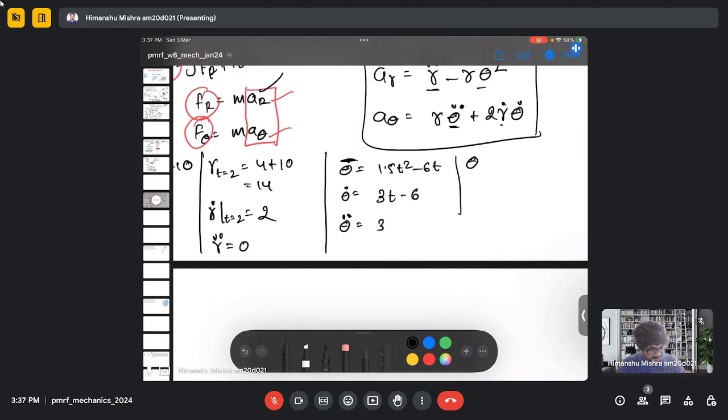In the same way, my theta dot at time 2 is 0, and my theta double dot is constant, which is 3.